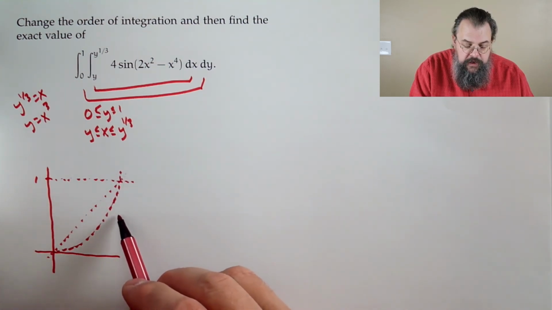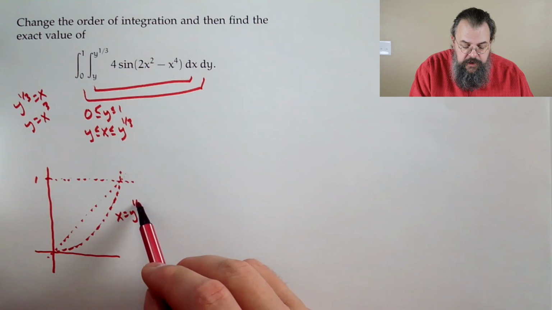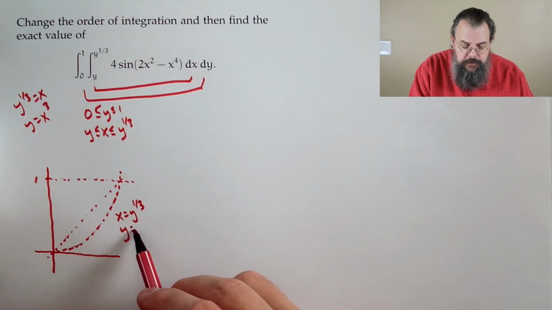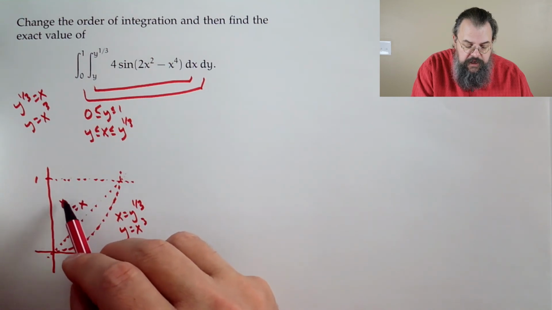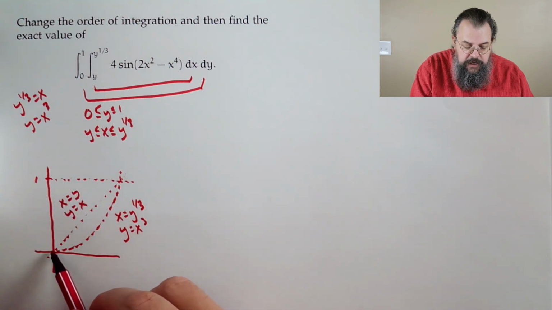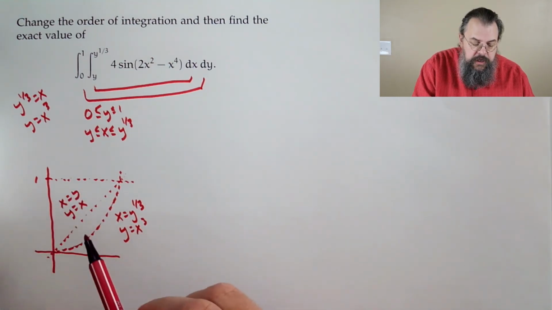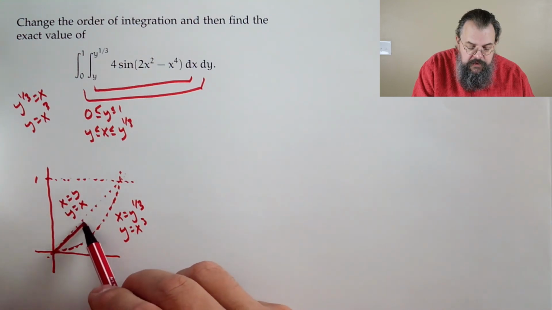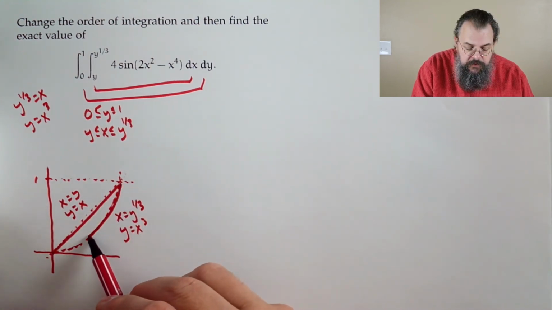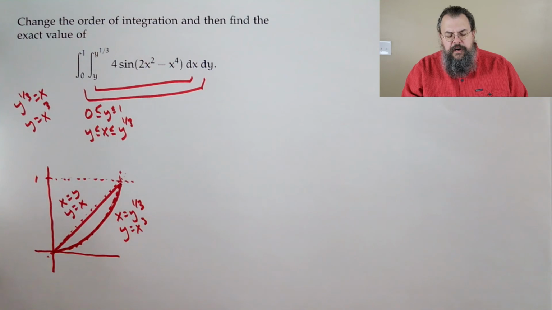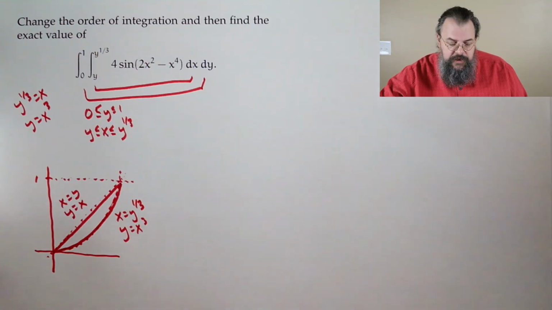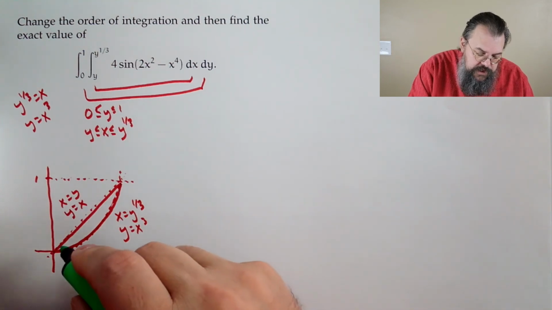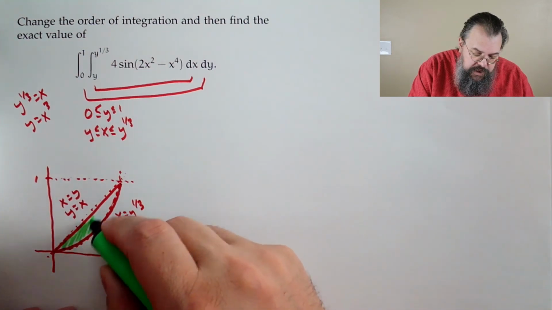Okay, so this is x equals y to the 1/3, also known as y equals x cubed. This is y equals x, also known as x equals y. And we see what's happening is that we're going from this left curve to this right curve. So our region that we're integrating over is kind of this small little sliver of a region. That's our piece.